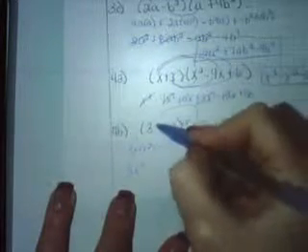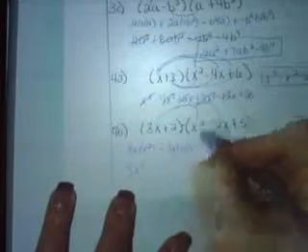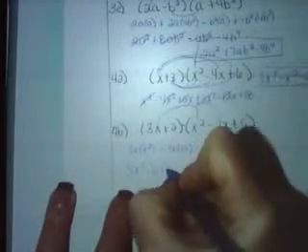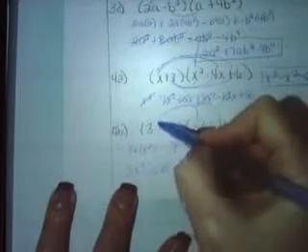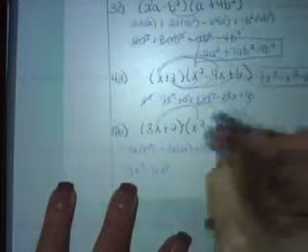Minus 3x times 2x gives me negative 6x squared, and 3x times 5 gives me the 15x.